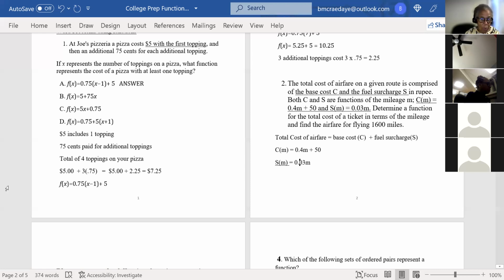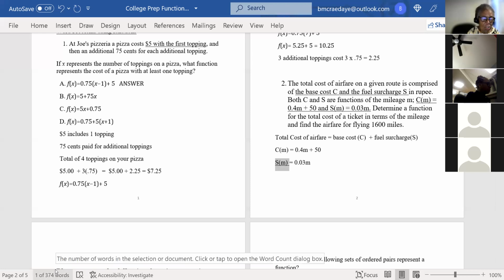Okay, so we have the total cost, base cost plus surcharge, and they're all in terms of miles. That means if we could find what the cost is for the 1,600 miles, find the surcharge for the 1,600 miles, add them together, we can get our total cost. Got it?